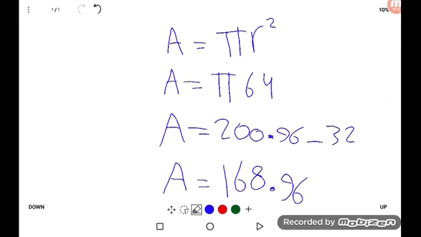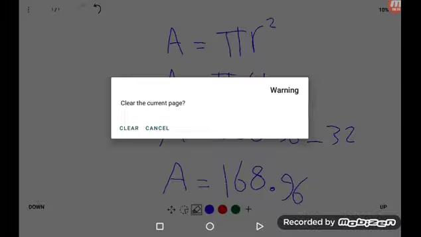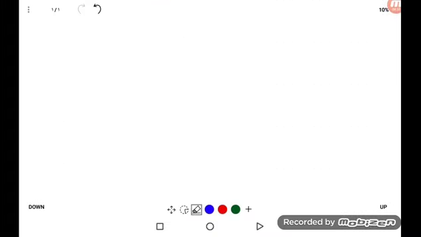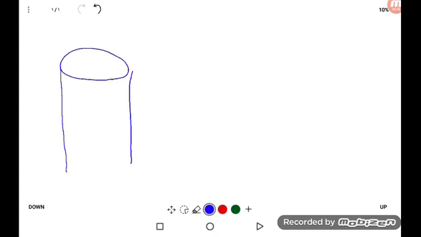Now let's see if we have another example. Say if you have a cylinder and the question is a cylindrical tank filled with water has a height of 24.